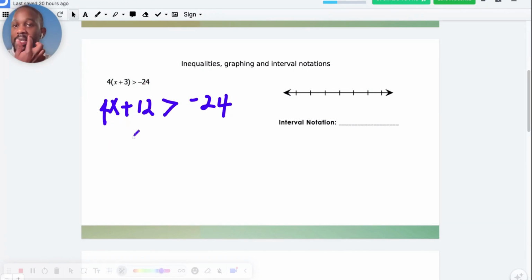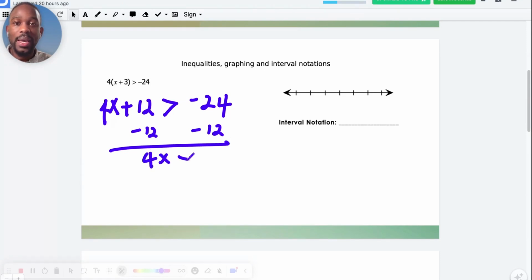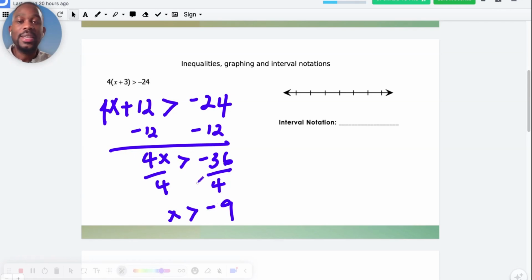So we want to work out for x. We'll subtract 12 from both sides of the inequality, and we end up with 4x being greater than negative 36. If you divide both sides by 4, you get x greater than negative 9. So what does this mean? It just means anything greater than negative 9 is a solution to this inequality.